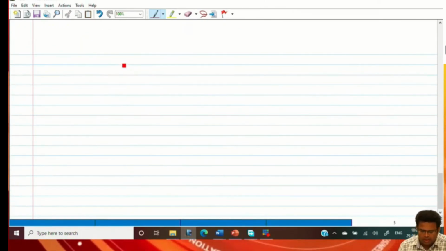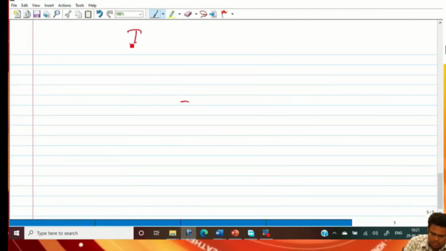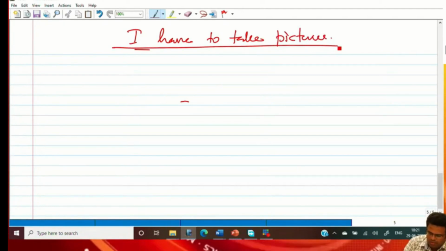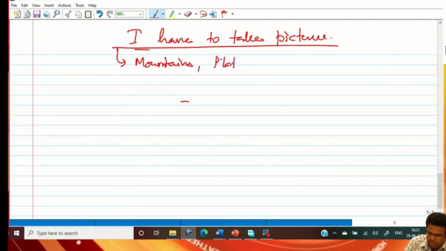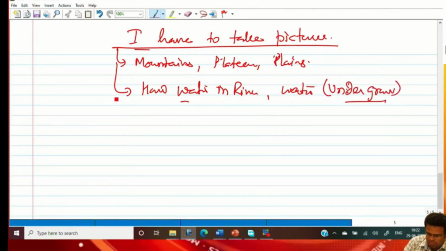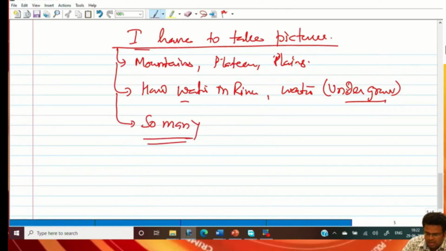And the next one, if I have to take pictures, pictures of mountains, plateaus, plains, how much water in rivers, and especially underground water, or maybe so many pictures, and it is about where the iron ore reserve is, where the uranium reserve is, where the different kinds of reserves are.